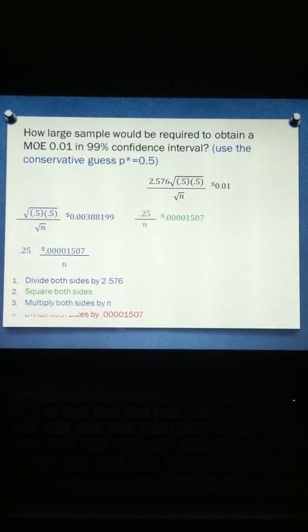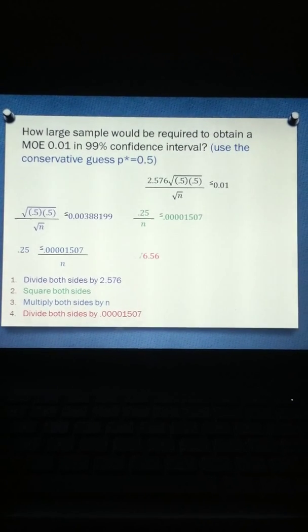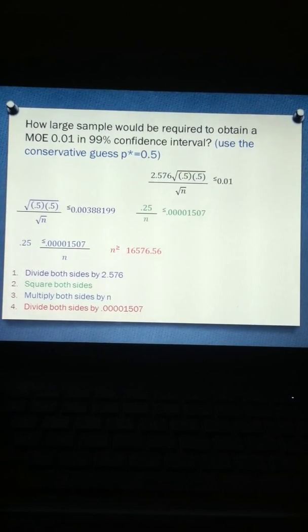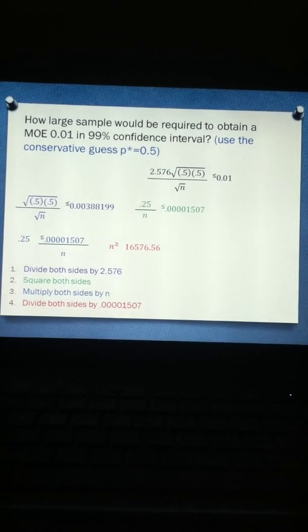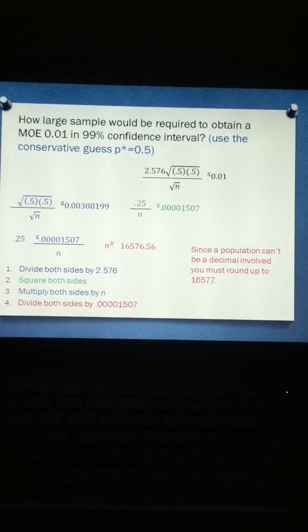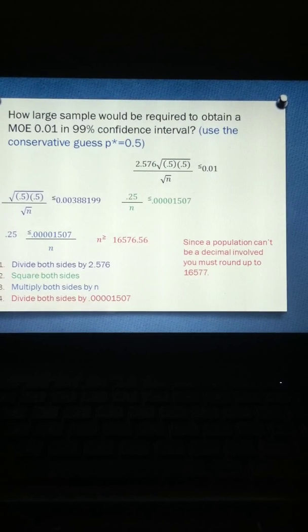Now divide both sides by 0.0001507. Now we have n is greater than or equal to 16,576.56. But remember, since a sample size can't be a decimal, you must round up to 16,577.